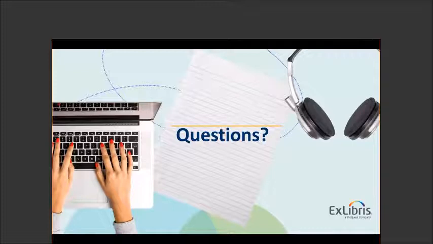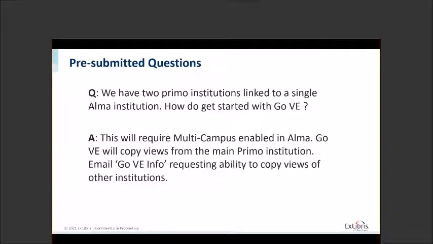Okay, so here are some questions that we've been presented with in the past. Here's one related to a less standard Primo topology. How does Primo VE work if you have more than one Primo institution linked to a single Alma institution? So that was a question that just came up in the Q&A. This is what we call a multi-campus structure in Alma. If the scenario is relevant for you, you may already have multi-campus enabled in your Alma.